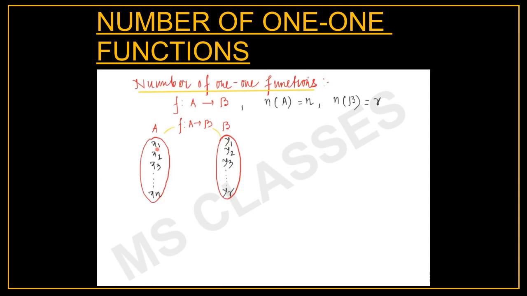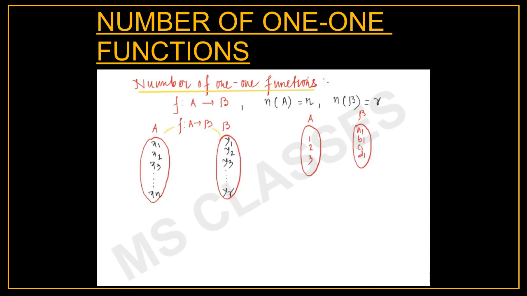Suppose we take a different example. We take a small set A having 3 elements, and here I take a set B having 4 elements: A1, B1, C1, D1.